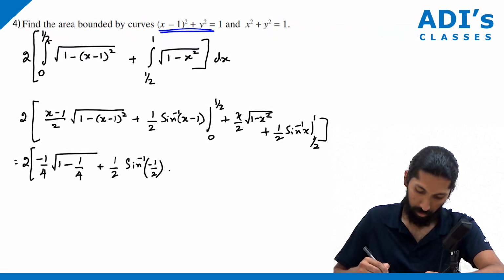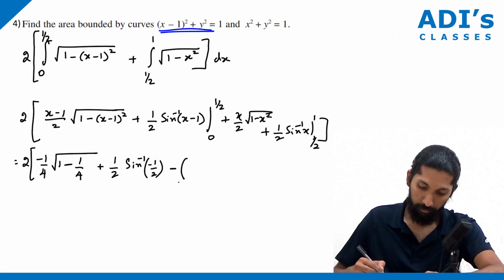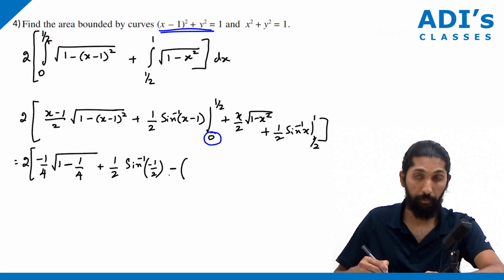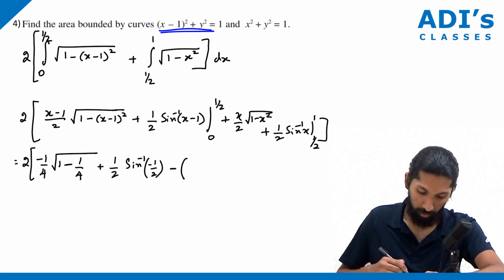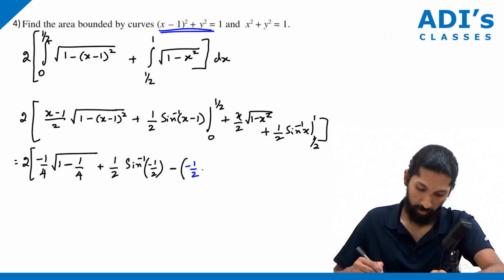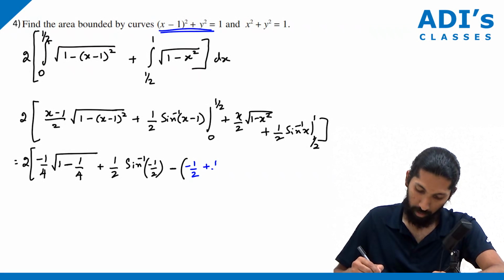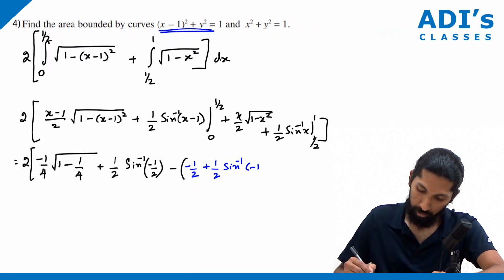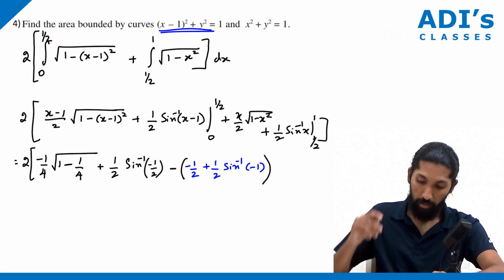Next, minus of, now remember we are applying the lower limit 0. So 0 minus 1 is minus 1, giving minus half into root of 1, which is 1 itself, plus half into sine inverse of minus 1. This is just the first part.